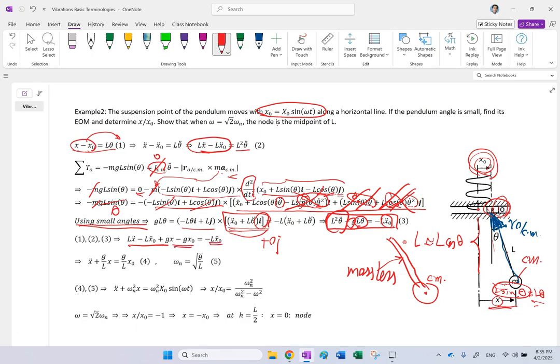Now, I basically keep these x terms on one side, and if you look, this Lx double dot and this Lx double dot, these negative terms can cancel each other. The only term left is gx0. I take it to the other side and divide everything by L, and I get this one.